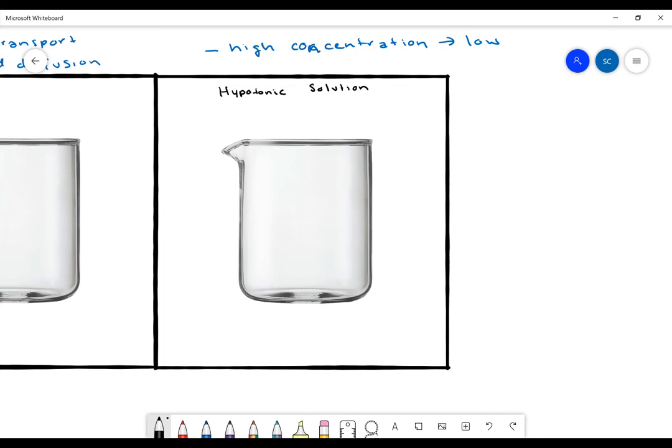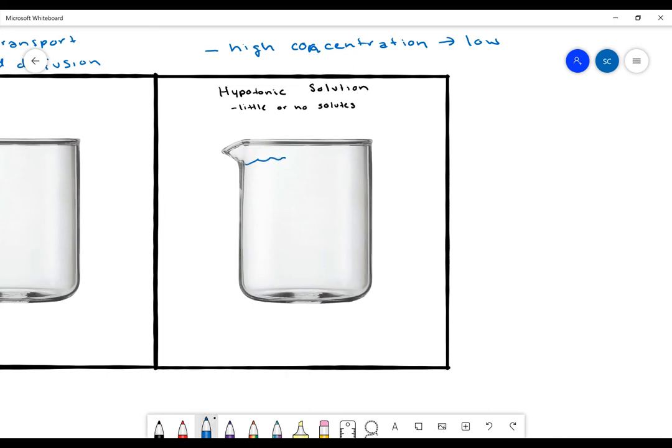That hypotonic solution is going to be one that has little to no salt concentration. So think of distilled water, for example. So you pretty much have only water molecules in that solution.